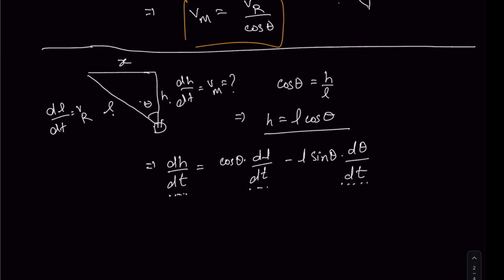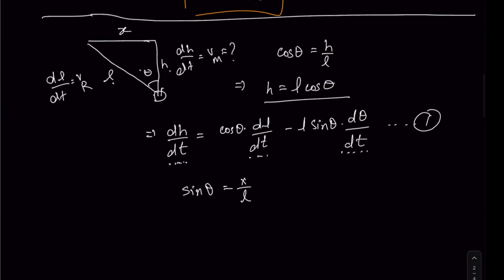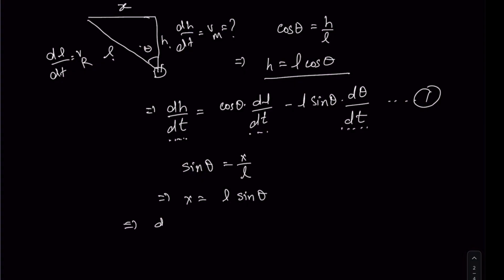Let's see. From the same triangle, we can also see that sin theta is x over L. This is equation number 1. So this implies that x equals L sin theta. Let's differentiate both sides. dx over dt equals sin theta times dL over dt plus L cos theta d theta over dt. Now let's apply the same principle.